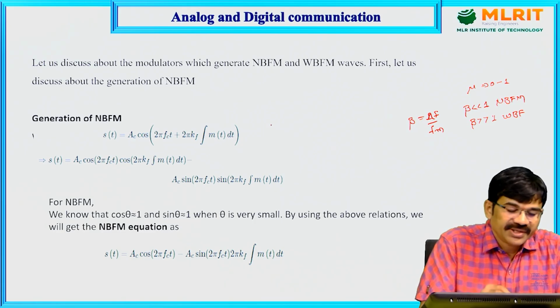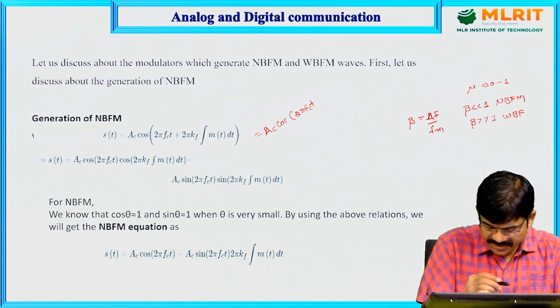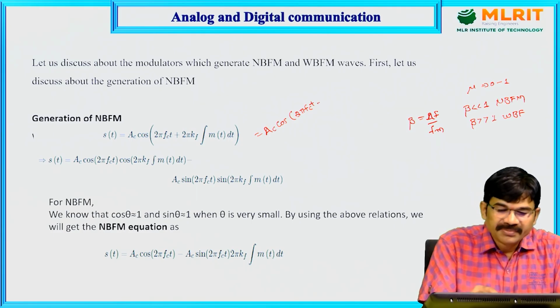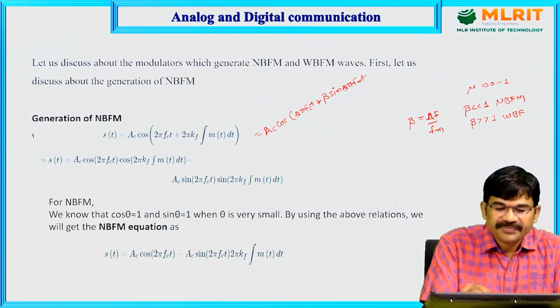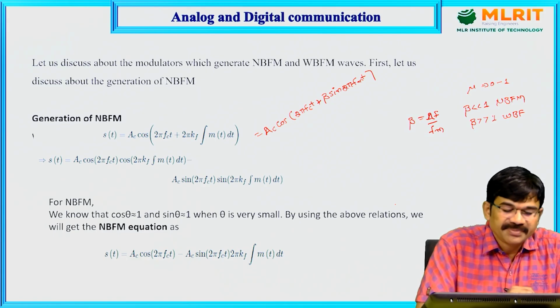In another way, we can represent this expression as Ac cos(2 pi fc t plus beta sin 2 pi fm t). Both ways we can represent it.